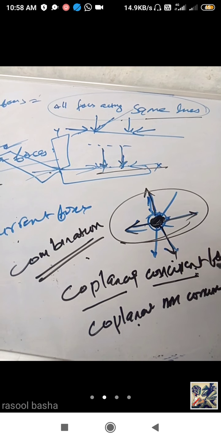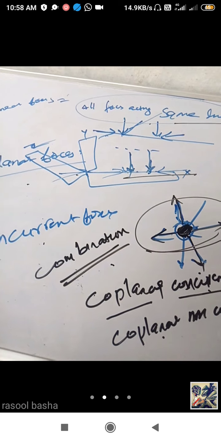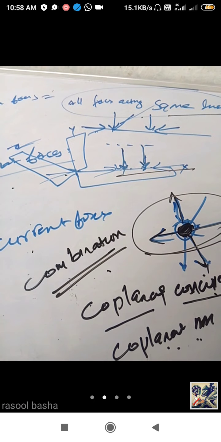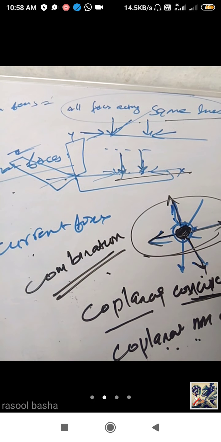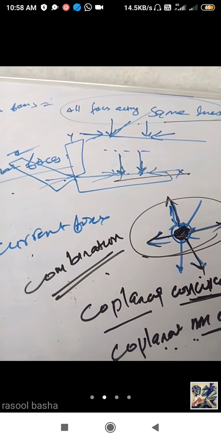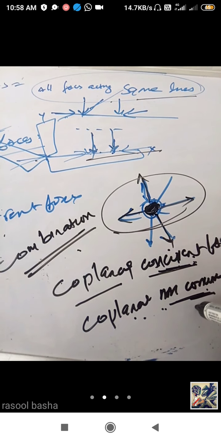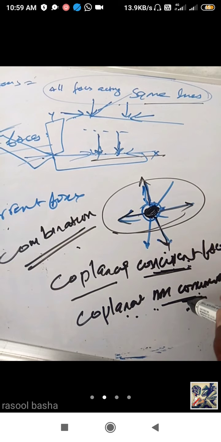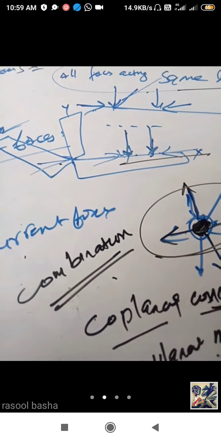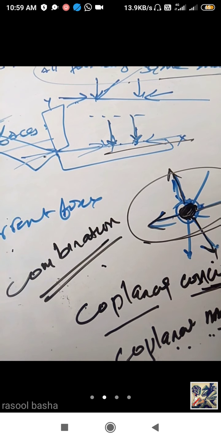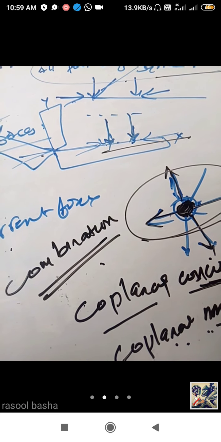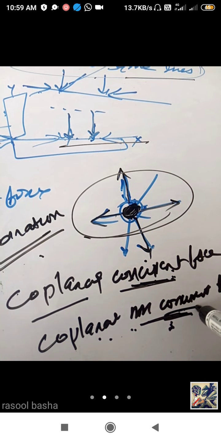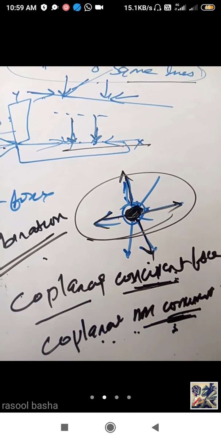So the definition is: the lines of action lie in a single plane, but the forces do not meet at a single point. That is called coplanar non-concurrent forces.